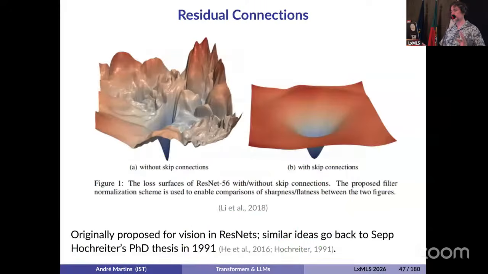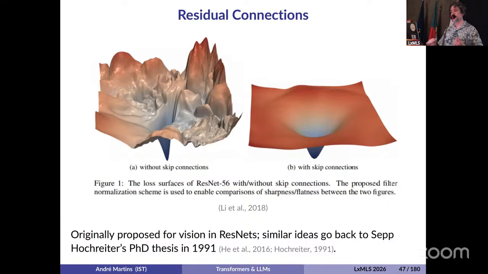Let me start with the residual connections because there are two ideas here that are entangled with each other. Residual connections became very popular in computer vision with ResNets. Those of you who learned before about CNNs might have learned about ResNets as well. As networks started to be very, very deep, training started to become quite unstable.